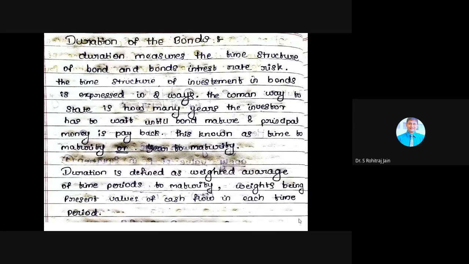If the interest rate increases by 1%, the bond's price will decline approximately 5%. Conversely, if a bond has a duration of 5 years and interest rates fall by 1%, the bond's price will increase approximately by 5%.